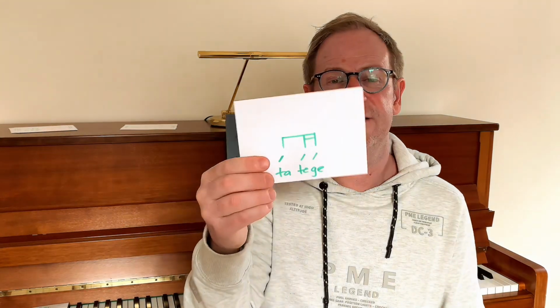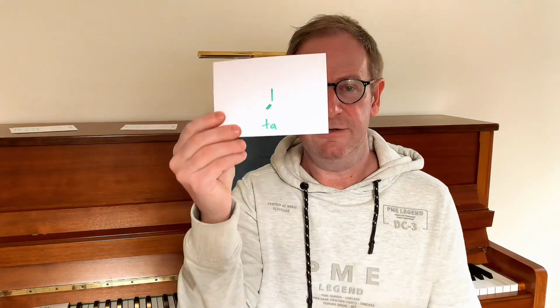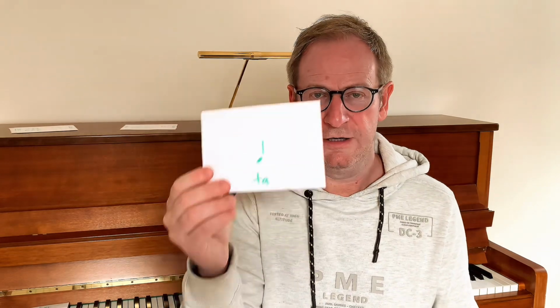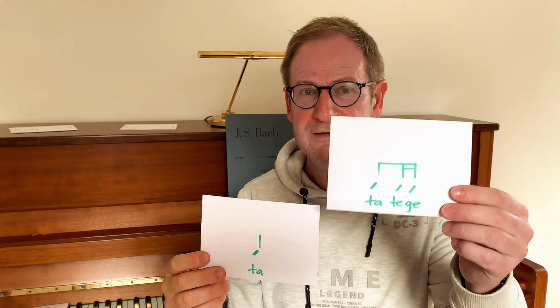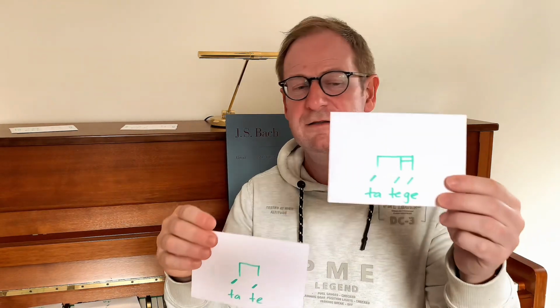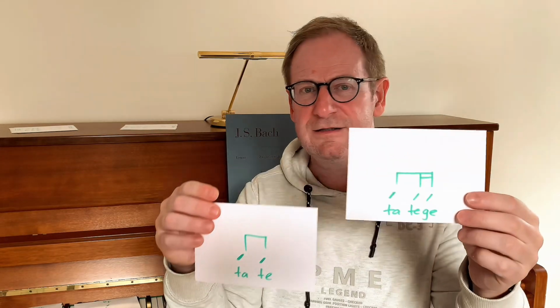Now let's use one of these other patterns, the ta tege. We have here 3, 4. Ta, ta tege, ta, ta tege, ta, ta tege, ta, ta tege. Or when we use the ta, te instead of ta, you can say ta, te, ta tege, ta, te, ta tege.